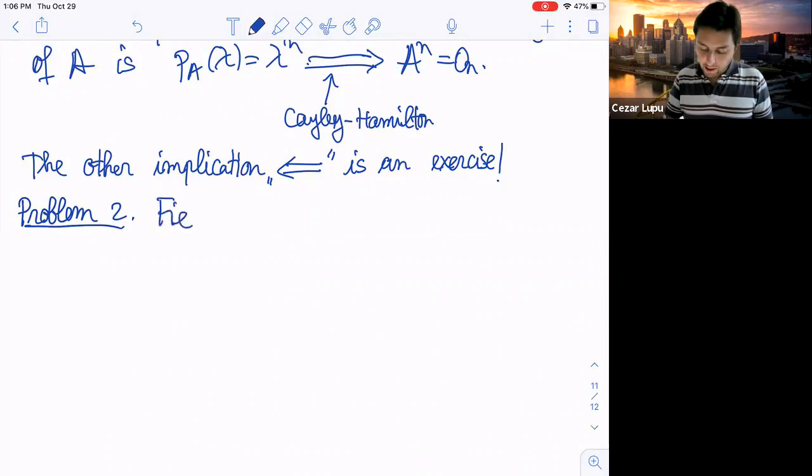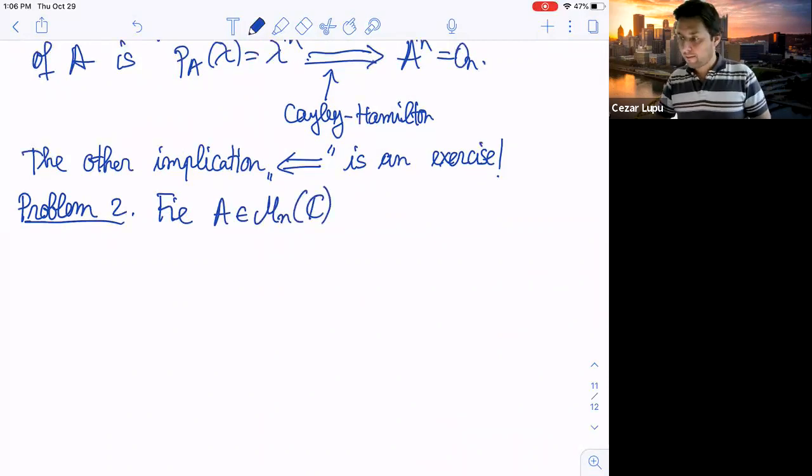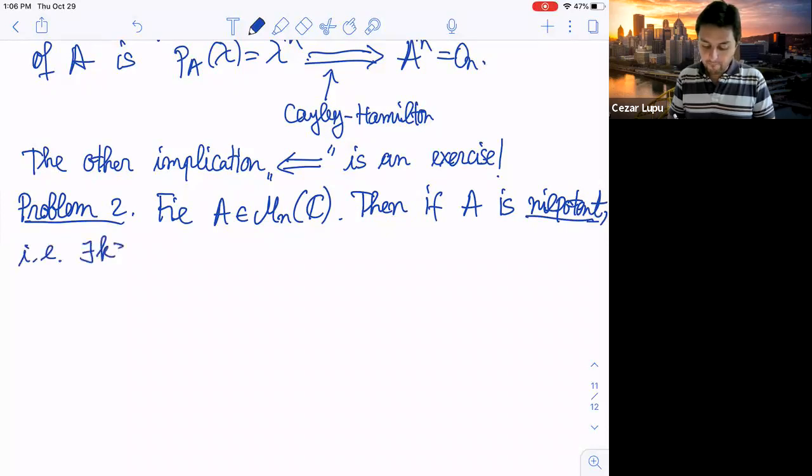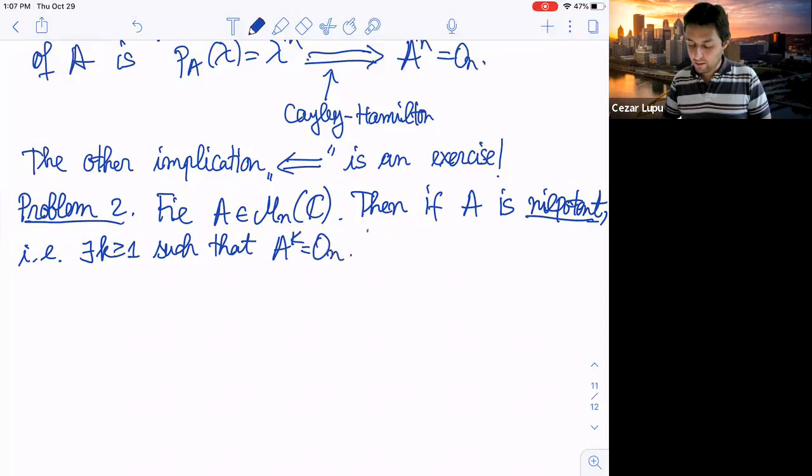If I have a matrix with complex entries, and if A is nilpotent, which means that there exists a k such that A to the power k is 0n, then A to the n is 0n.